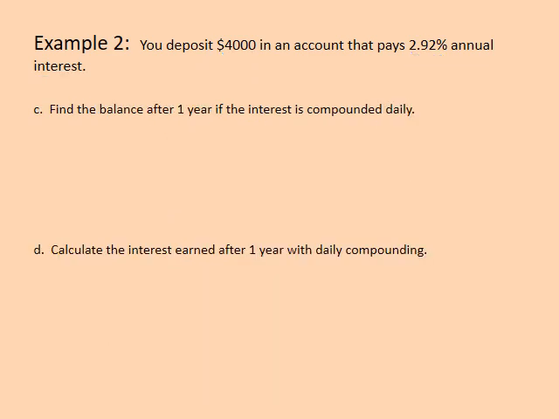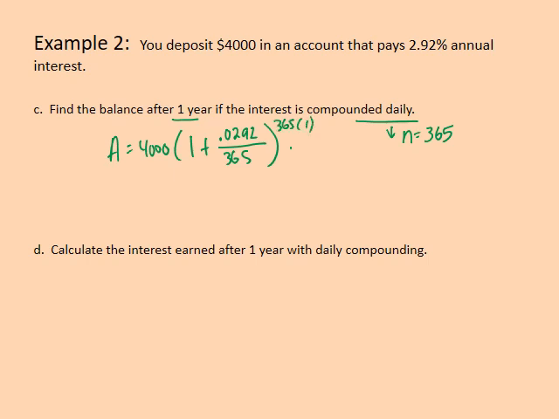For part C, they want to find the balance after 1 year if interest is compounded daily. So really the only thing that's going to change is our n value. n is going to be 365, where for the last problem it was 4. So A equals 4,000 times (1 plus 292/10,000ths, all over 365), all raised to the 365 times 1.